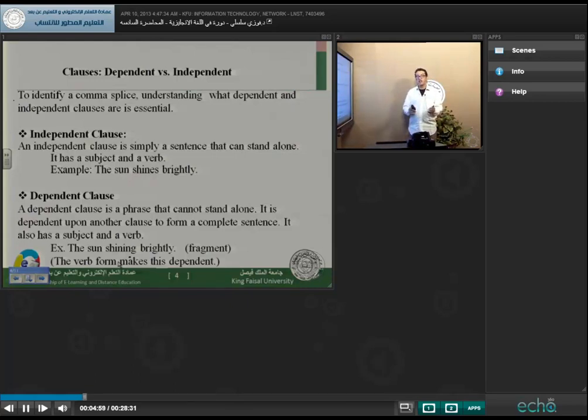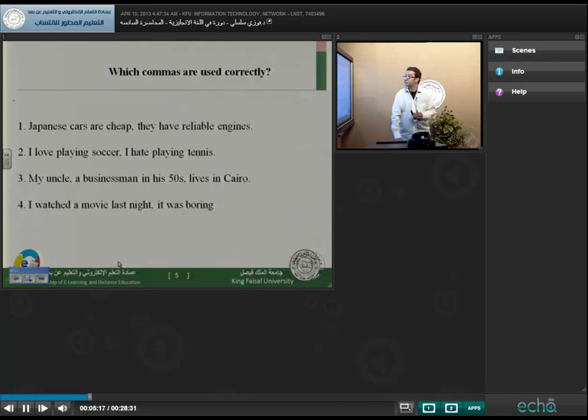A dependent clause cannot stand by itself. It needs an extra clause to make it a full sentence. But an independent clause is complete by itself. I hope this is clear so far.